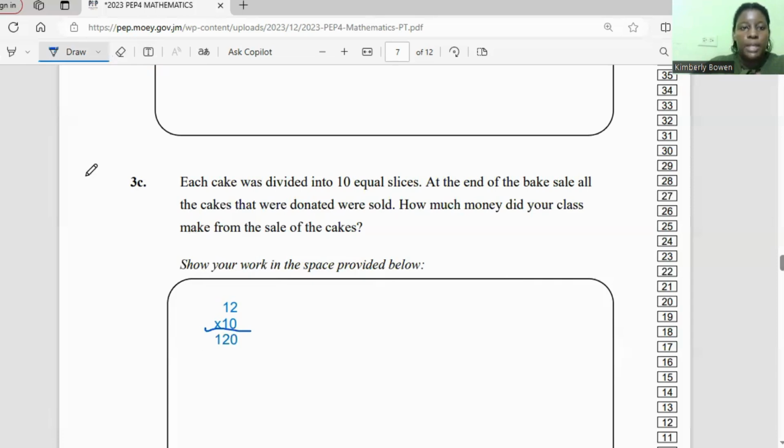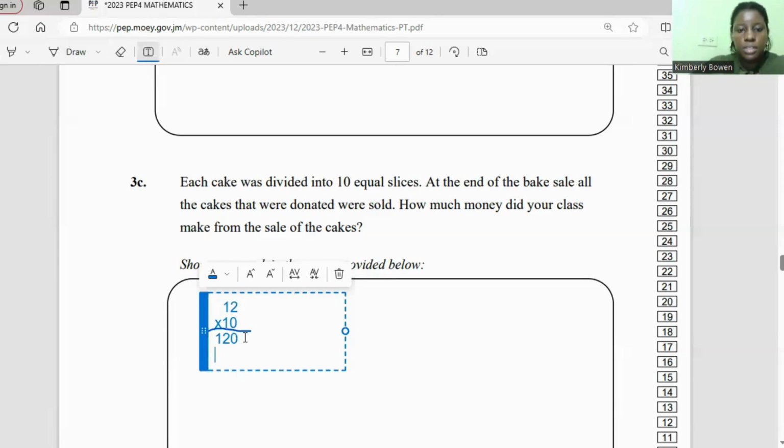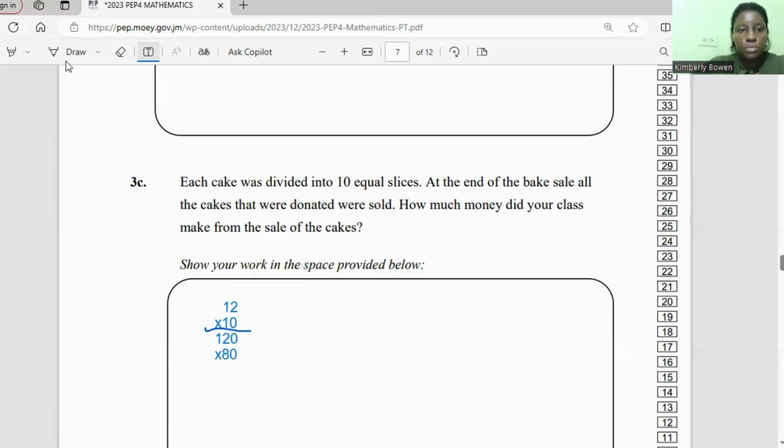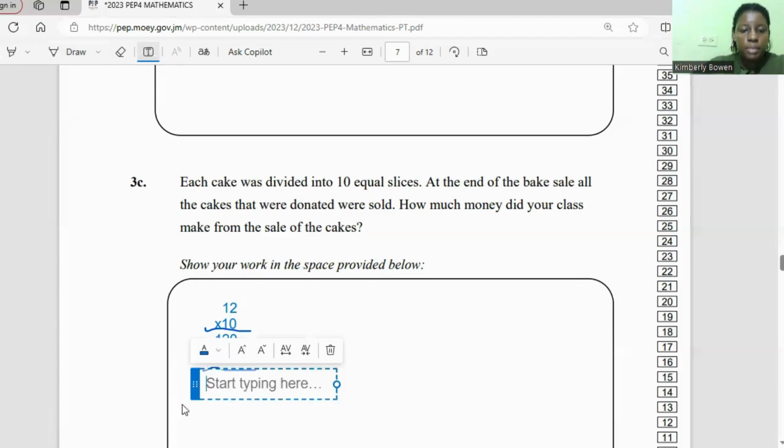And now we can multiply that 120 times 80. 120 times 80. 8 times 12 is 96, so it's 9,600.